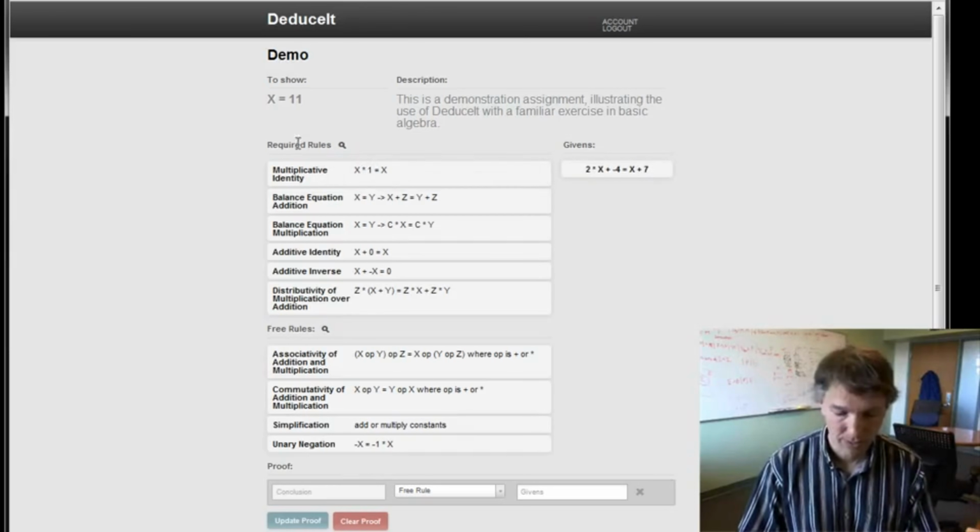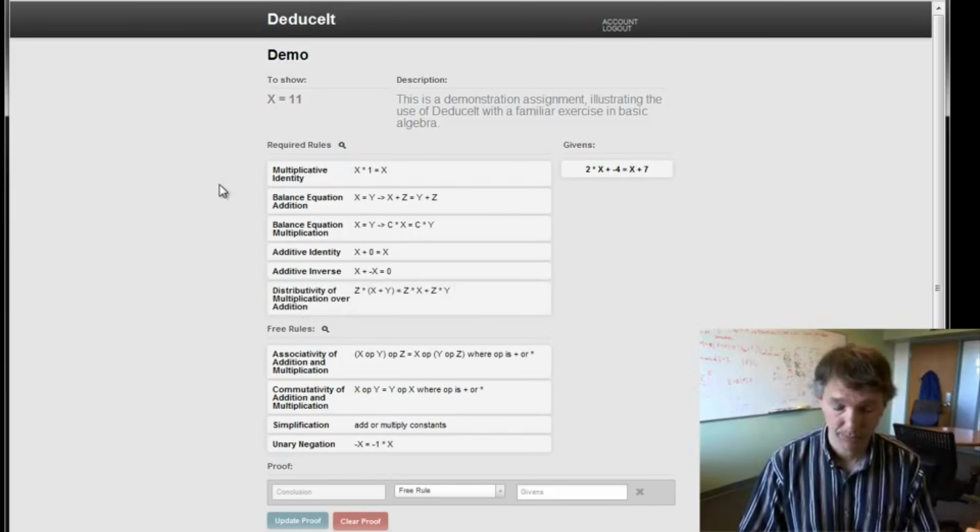And to get there, we're allowed to use any of the rules that are listed here that I'm circling with the mouse. And these rules are divided into two kinds. There are the required rules, which is this first set here at the top. And the required rules are required. So whenever we have a step of our derivation that uses one of these rules, we have to name it explicitly.